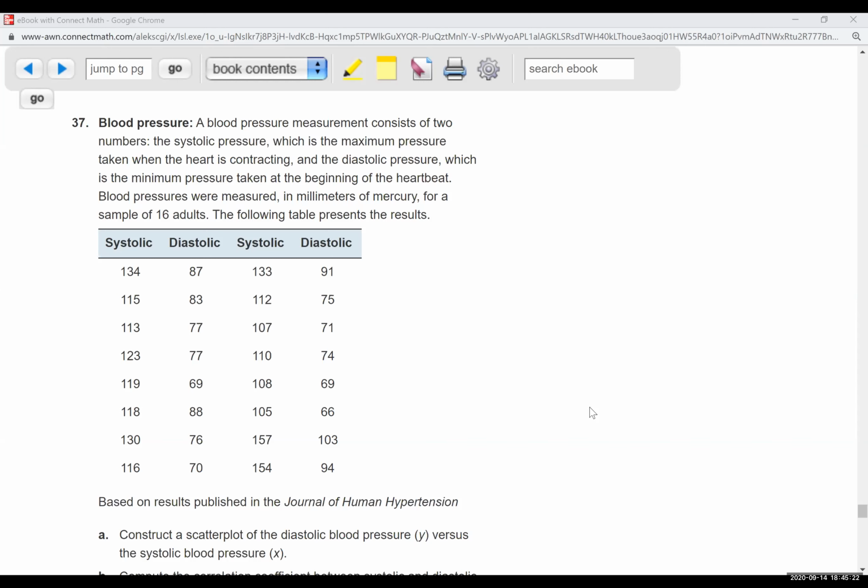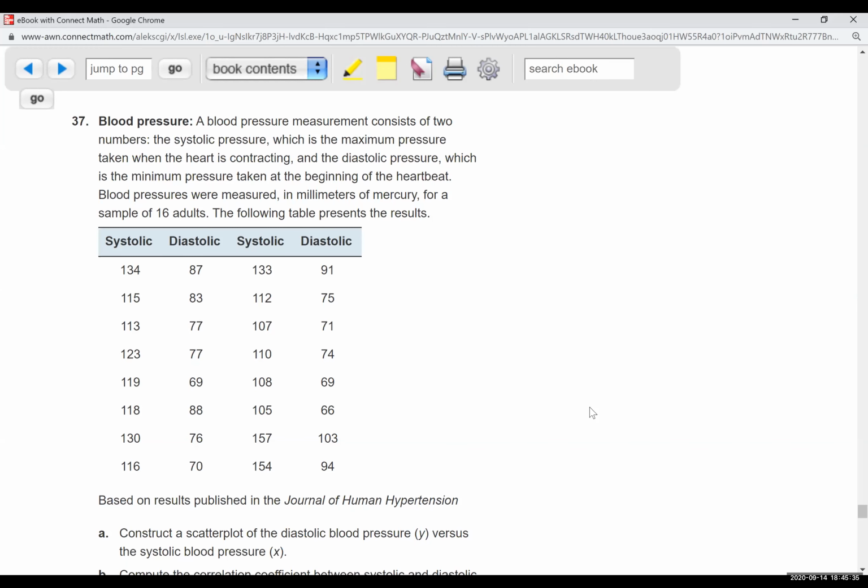Blood pressures were measured in millimeters of mercury for a sample of 16 adults. So the following table presents the results. So enter all this. So this is like your L1, systolic pressures L1, and this is L2. This is a continuation of L1, and this last column is a continuation of L2.